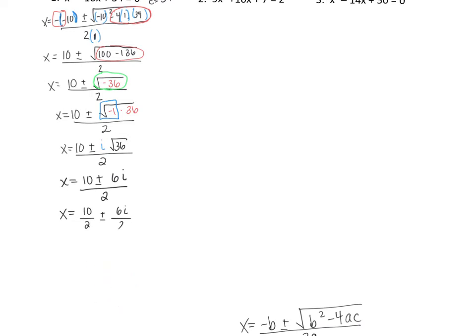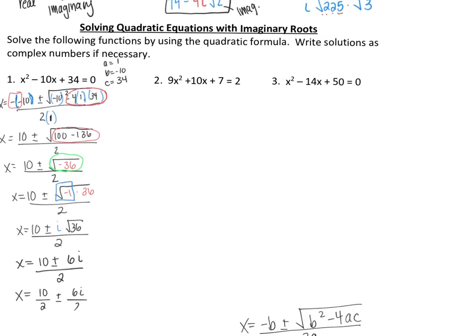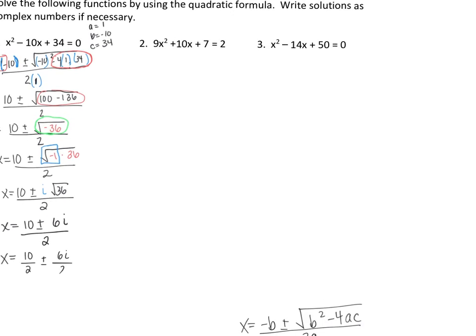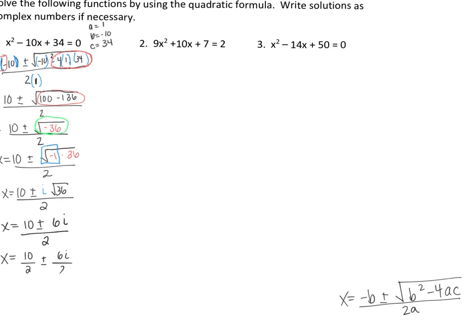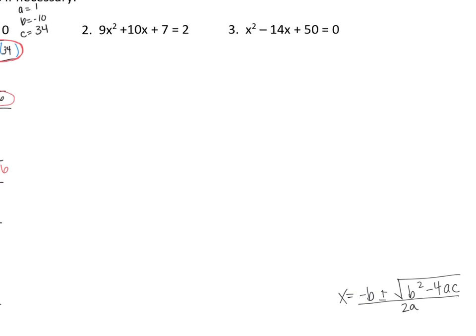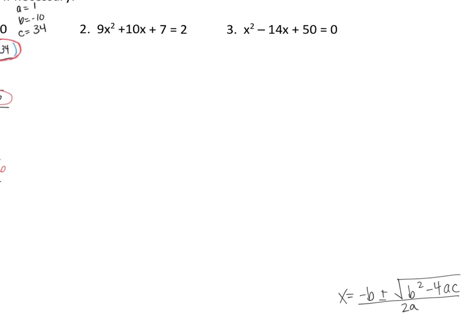All right, so we're going to do another example. Okay, so now we are on number 2. I'm not going to forget that my quadratic formula is over here. The first thing I need to do is get this in standard form. This is not set equal to 0, so I need to subtract this 2 from both sides to get a 0 on the right.